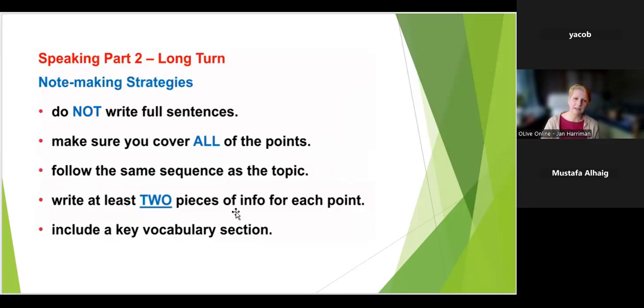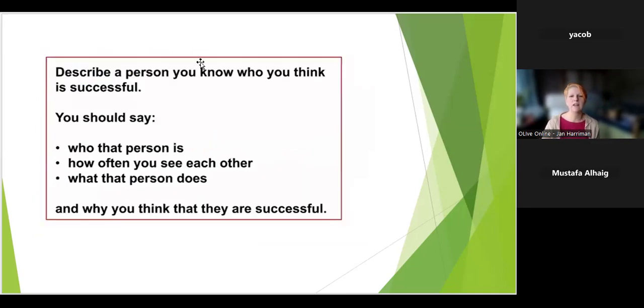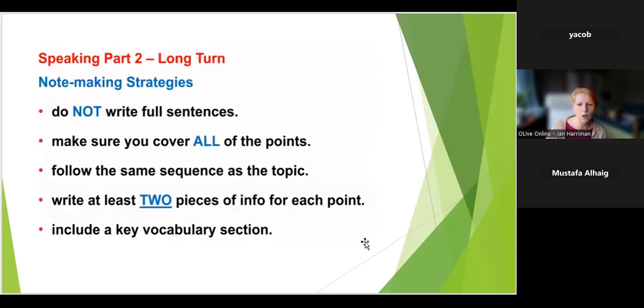Follow the same sequence: talk about the person, who it is, how often you see them, what they do, and why you think they are successful. So answer it in that order. And write at least two pieces of information for each point. And scribble down some vocabulary while you're at it. It will really help while you're talking.